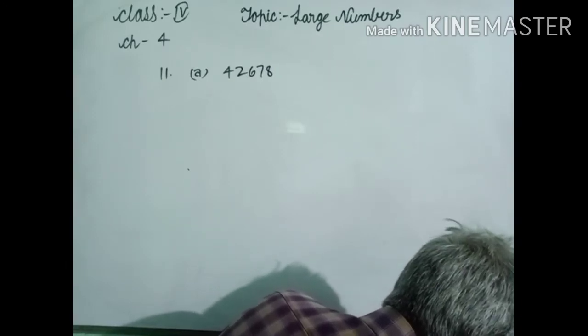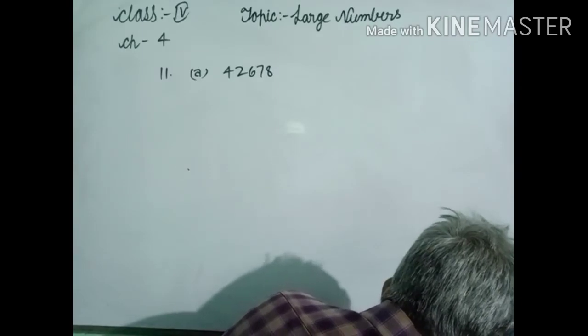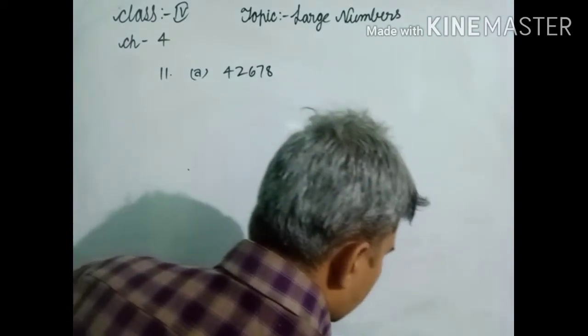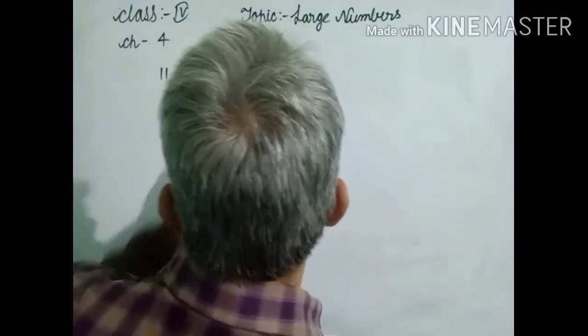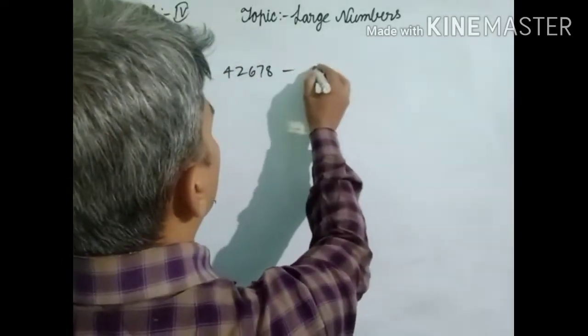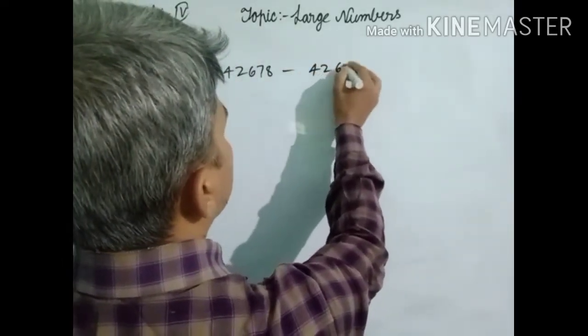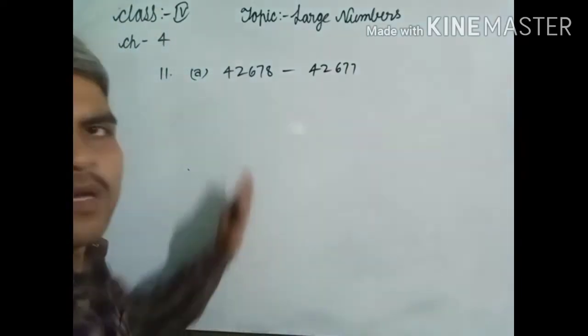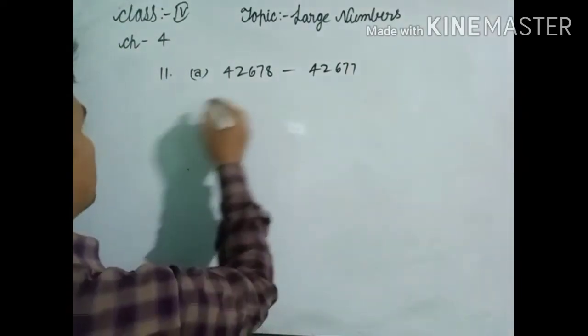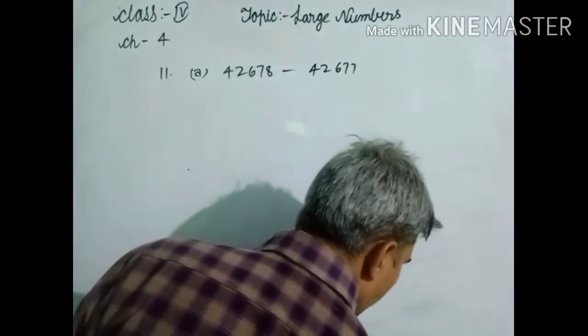The number that comes just before 42,677. In this way, please practice such types of problems.